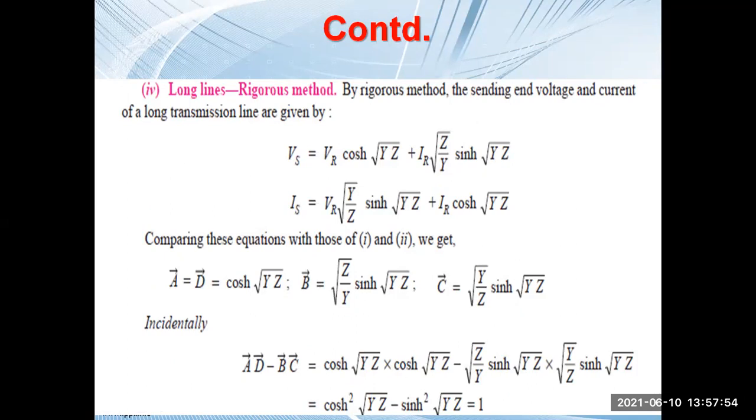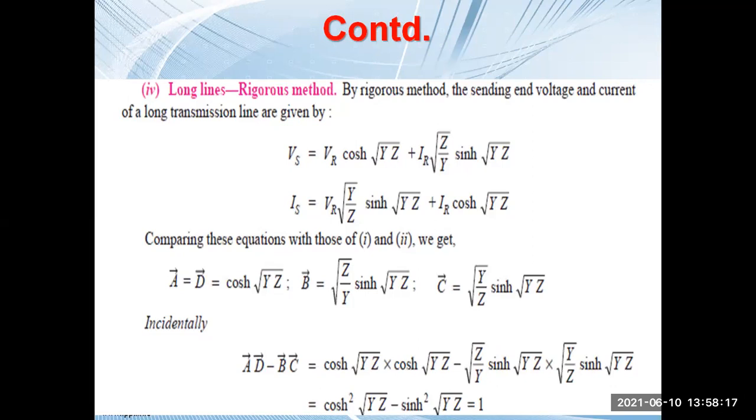For the rigorous method we have already calculated: VS equal to VR into cosh square root of YZ plus IR into square root of Z by Y sinh square root of YZ. IS equal to VR into square root of Y by Z sinh square root of YZ plus IR into cosh square root of YZ.